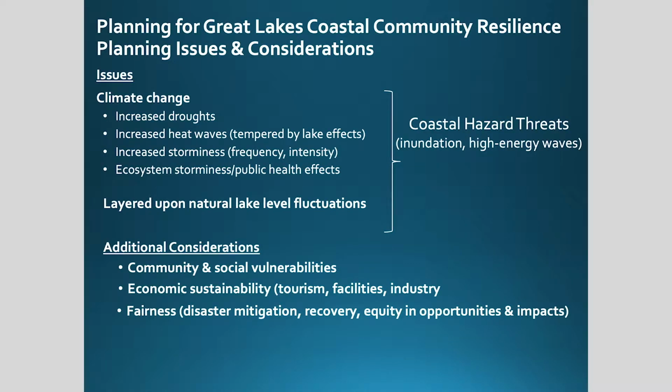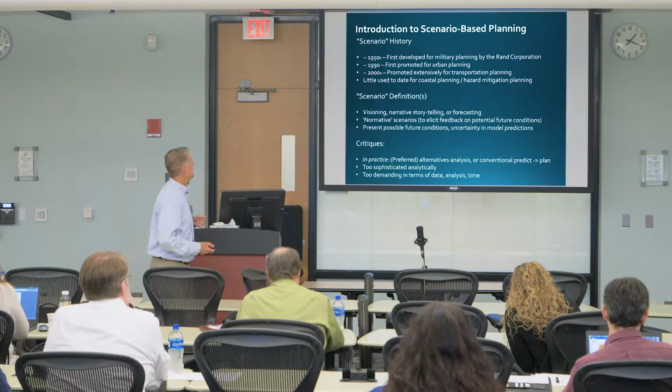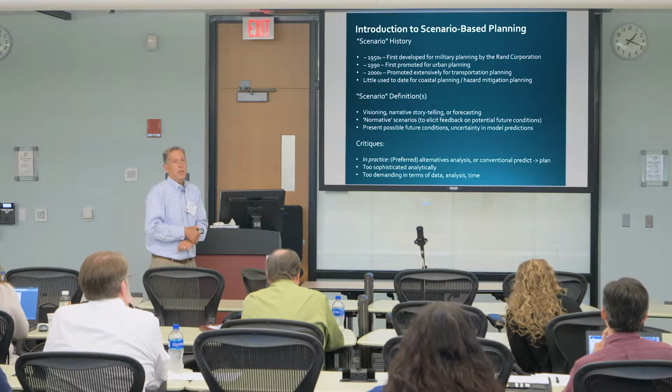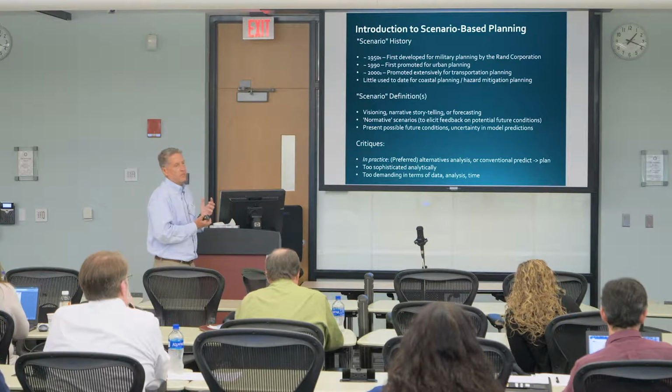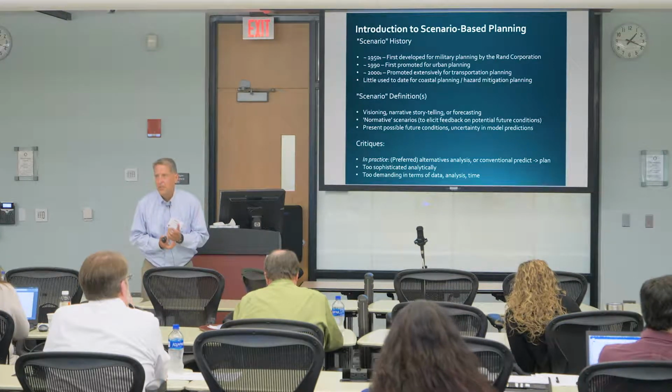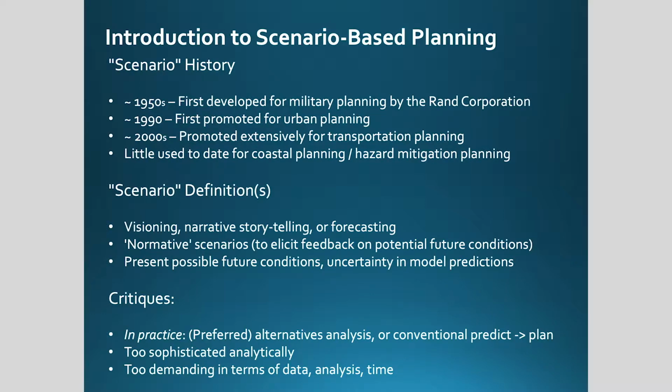So I'm going to talk about planning for hazard areas, and then Harry is going to talk a bit more about vulnerability assessment for communities. So a little bit of history on scenario planning. Scenario planning, as best we can tell, was first developed by the Rand Corporation in the 50s for military planning. And the first citation I could find in the planning literature was the 1990s, suggesting that we start using it.